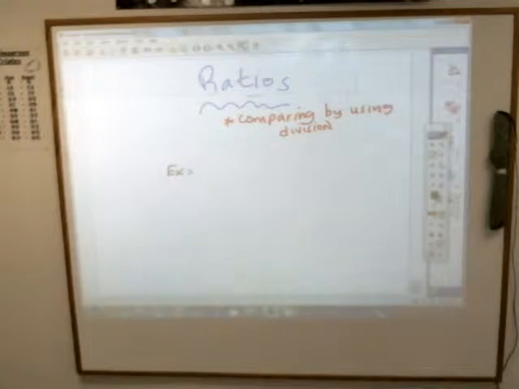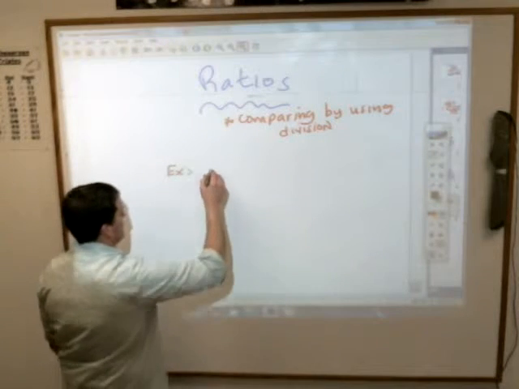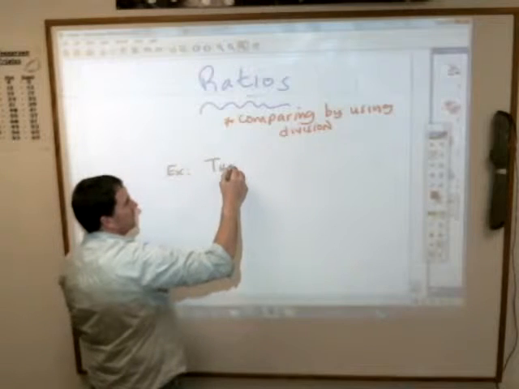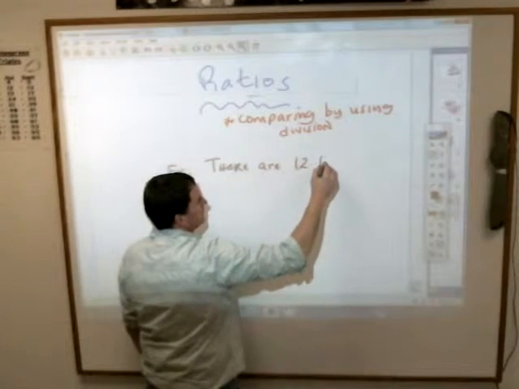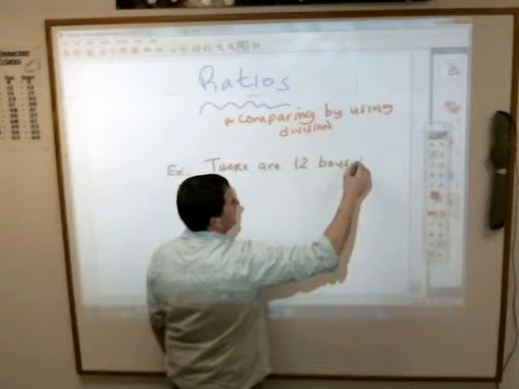Let's see what the book says here. There are 12 boys and 18 girls in the class.